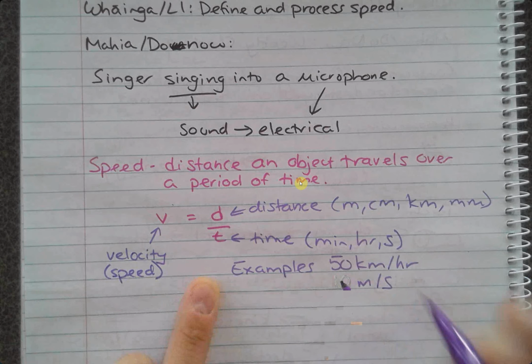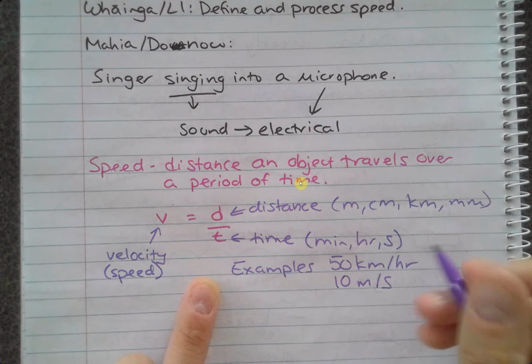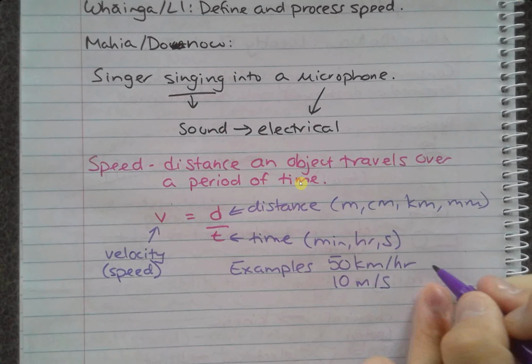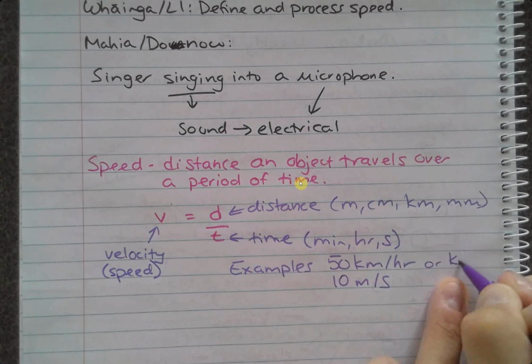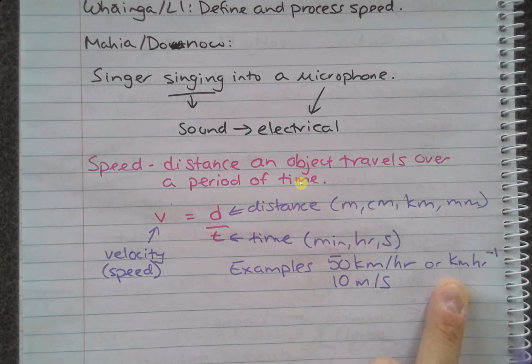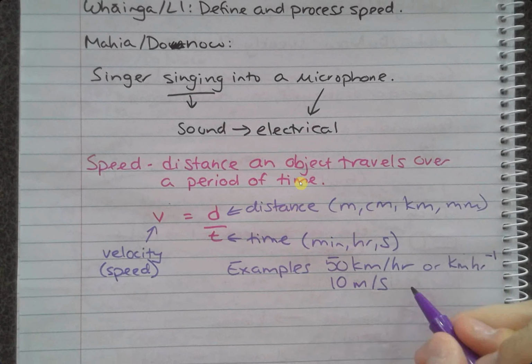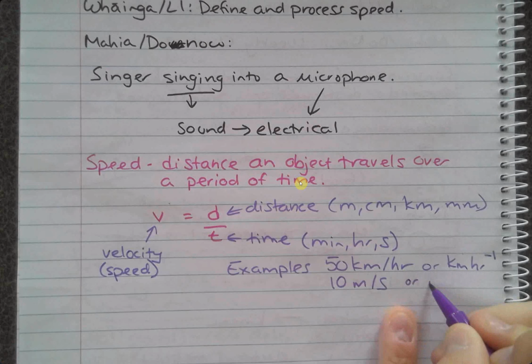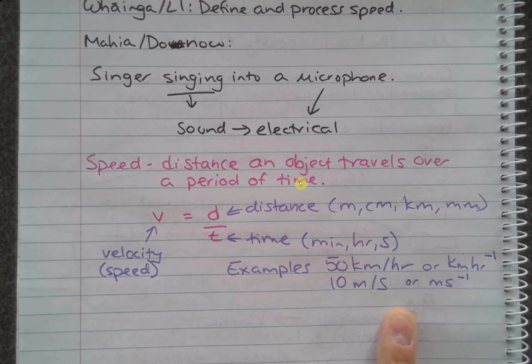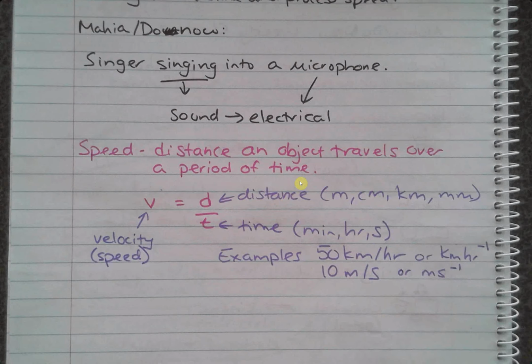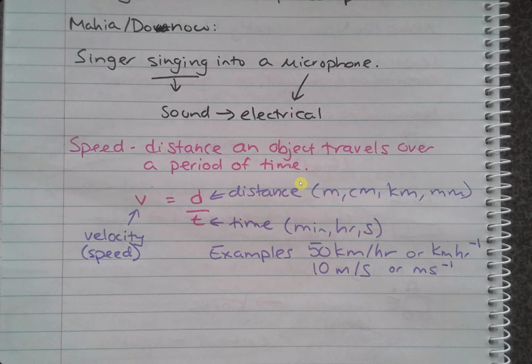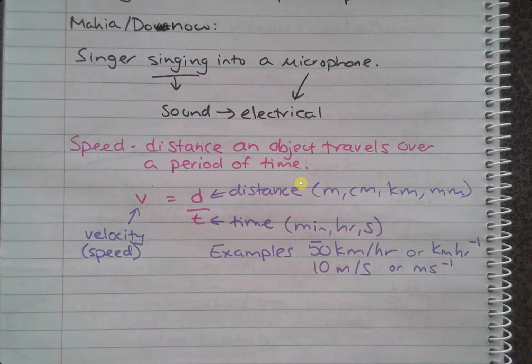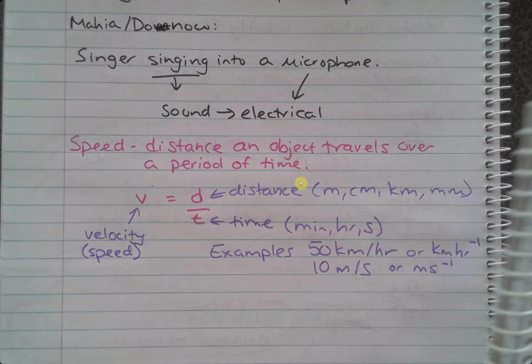Now you can write it with the little slash line, or you can write it as kilometers per hour with an hour to the power of minus 1. All right, I'll leave that up and give you guys a chance to make sure that's written down.